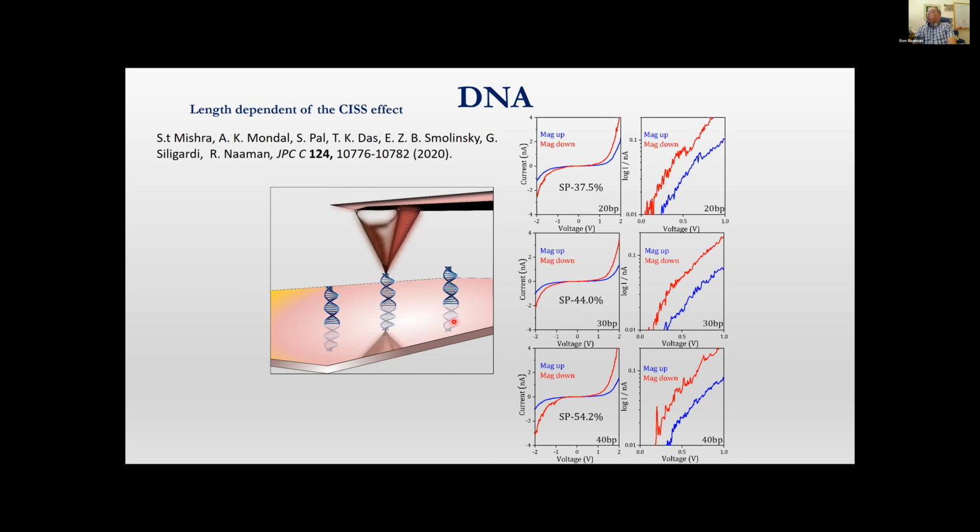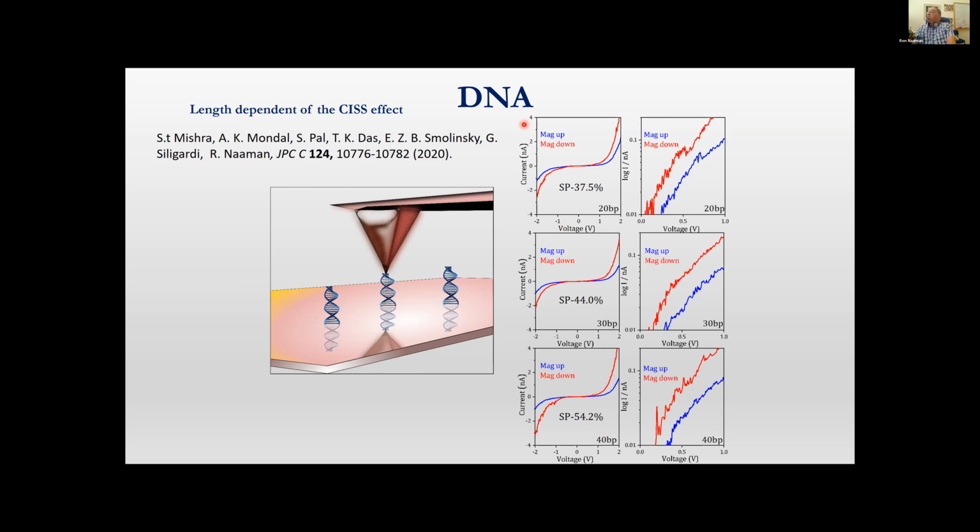And here you see results obtained for DNA of different lengths: 20 base pairs, namely a short DNA, 30 base pairs, 40 base pairs.